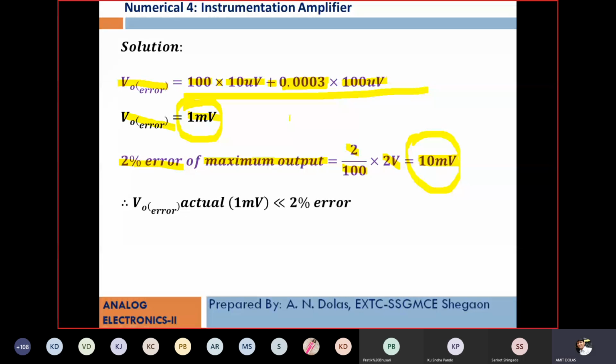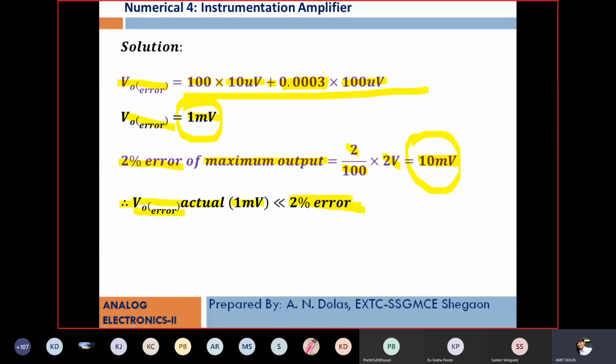It is 0.2%. So therefore we may say that the actual output error that we calculated, 1 millivolt, is less than 2% error in the circuit.